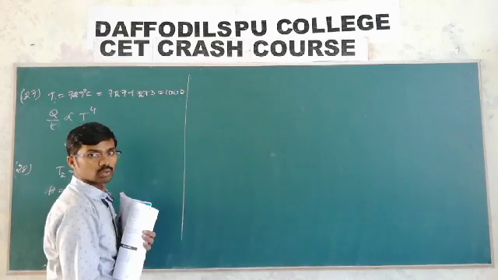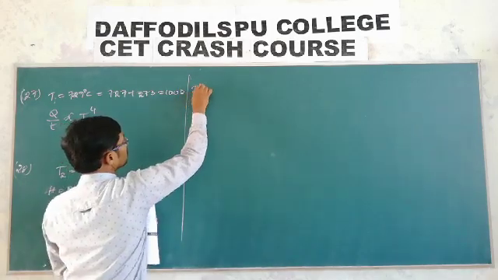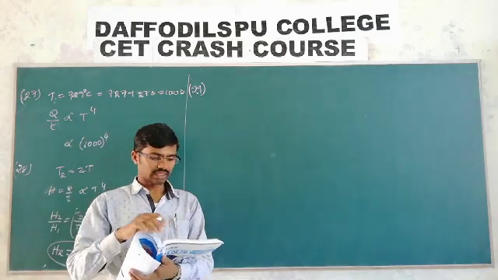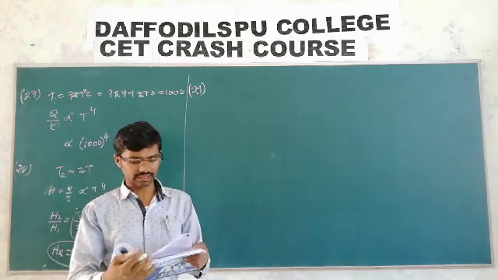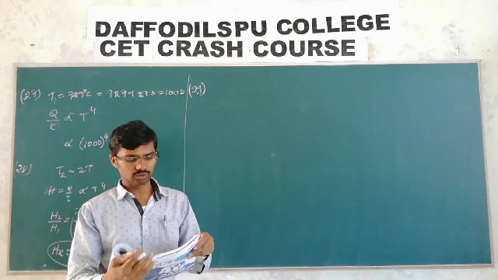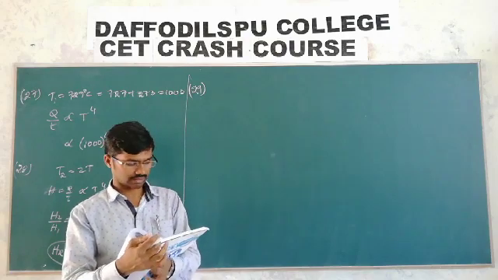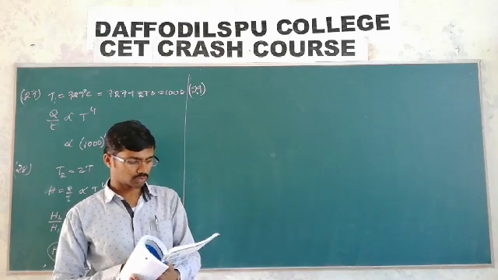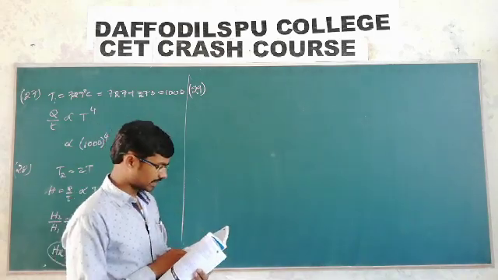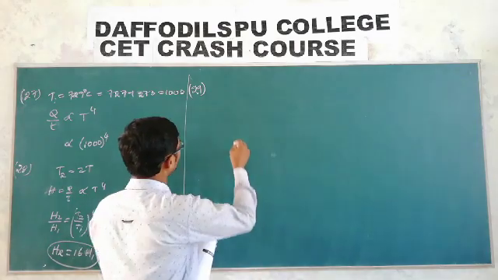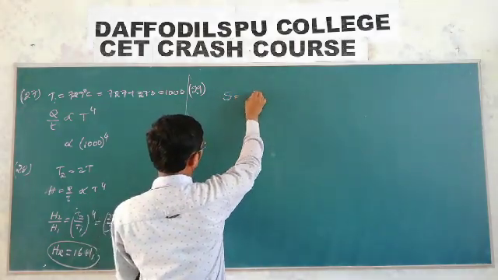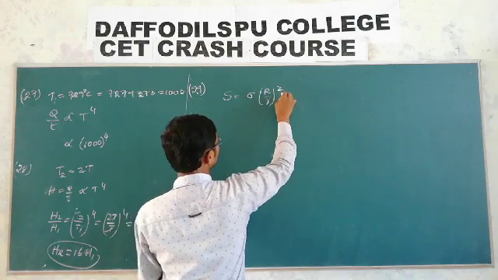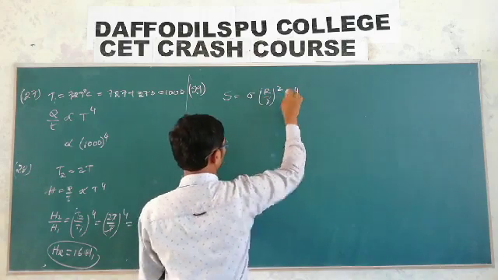Let us see the 29th one. The surface temperature of the sun is T Kelvin and the solar constant for a planet is S. The sun subtends an angle 2 theta at the planet, then S is what? Remember, solar constant S is equal to sigma into R by R whole square into T power 4.